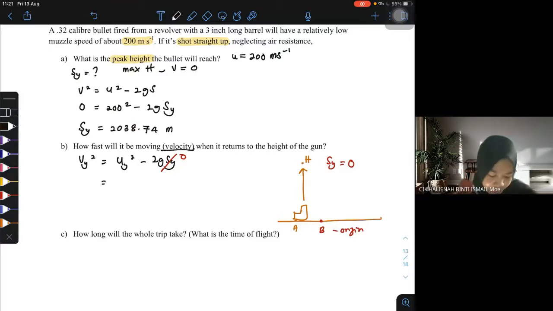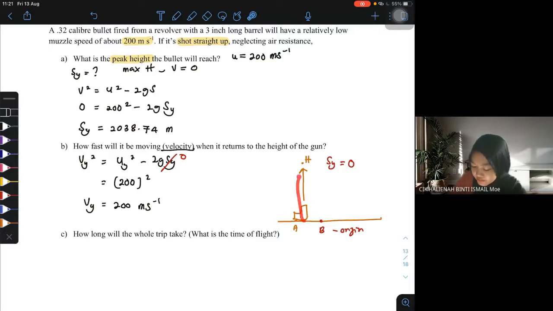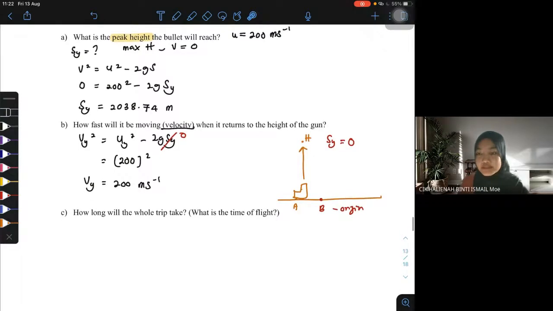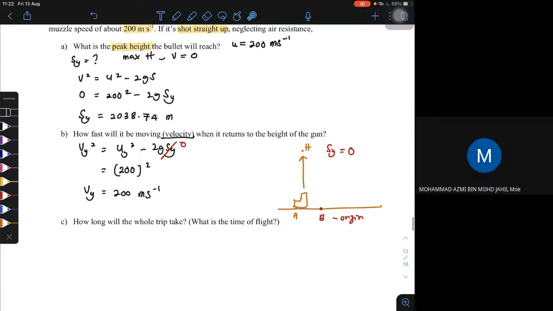What was Uy? 200. So Vy is equal to 200 meter per second. So the speed is the same for initial and final. Any questions? Everyone okay? Yes, Miss.